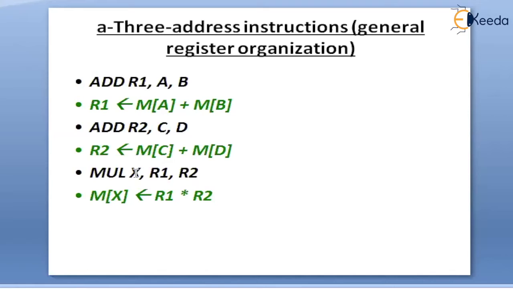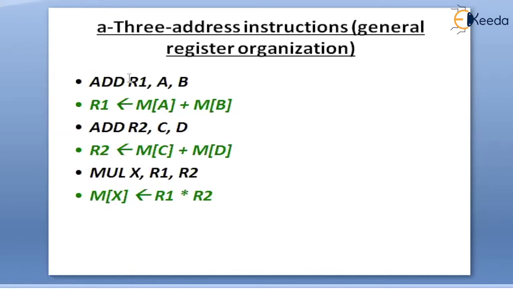Now the expression that needs to be evaluated is executed. In three address instruction, you know that these two are the source and this is the destination. So in add r1 comma a comma b, a and b will get added and transferred to r1. C and d will get added and transferred to r2 when you execute add r2 comma c comma d.